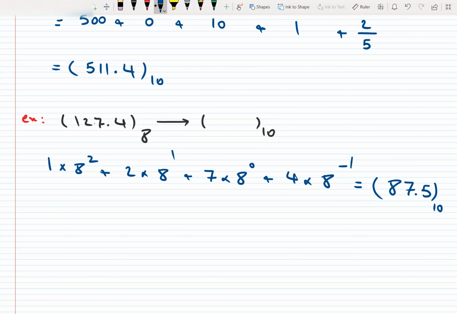If we talk about base 11, the coefficients are 0, 1, 2, 3, 4, 5, 6, 7, 8, 9, and A. So A is the last coefficient.